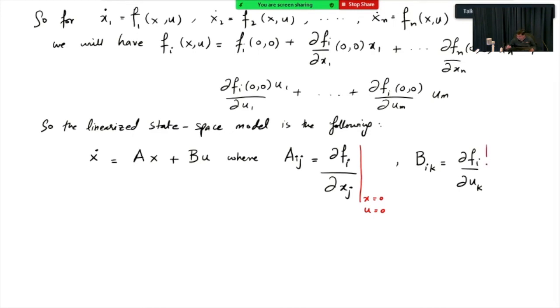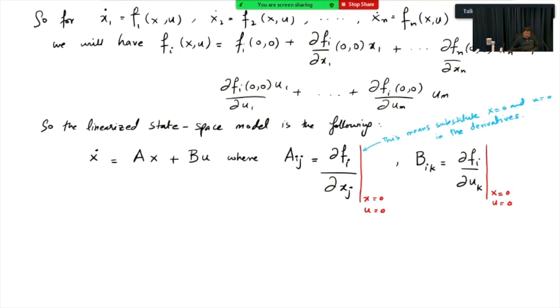And again, the important thing is x equals 0, u equals 0, so substitute in the derivatives.